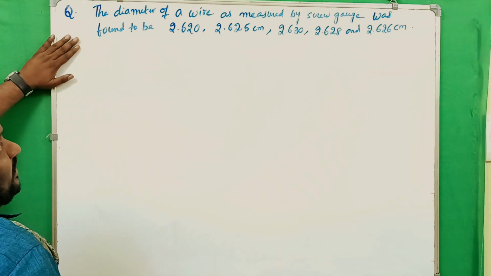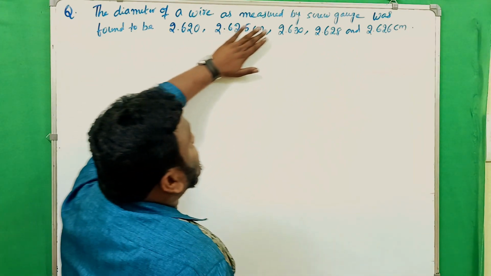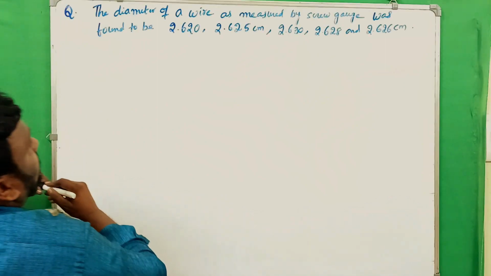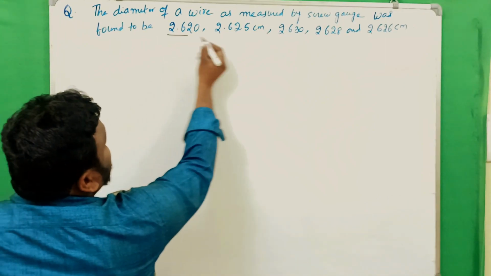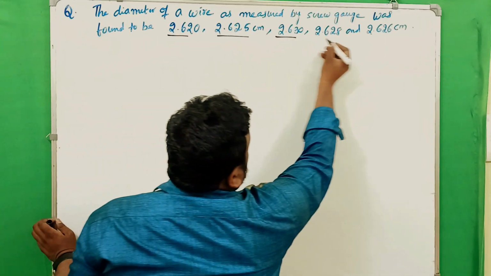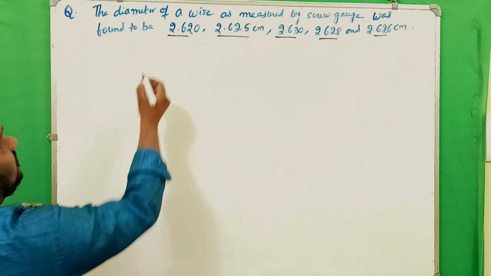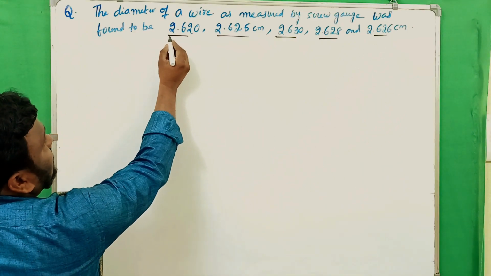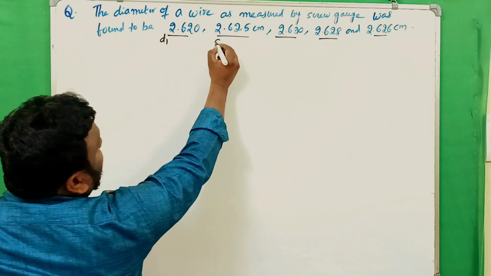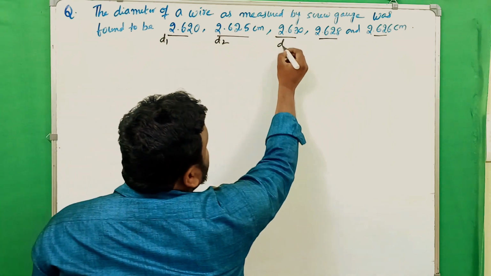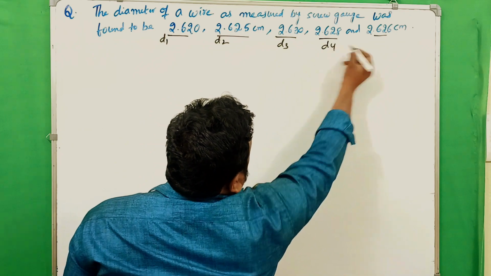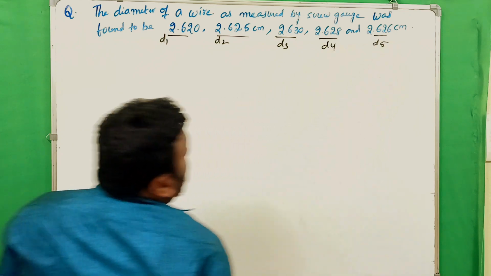So we are given measured values like this. Clear? What do we want to find out? Diameter. That's why I am going to say this is D1, this is D2, this is D3, this is D4 and this is D5.